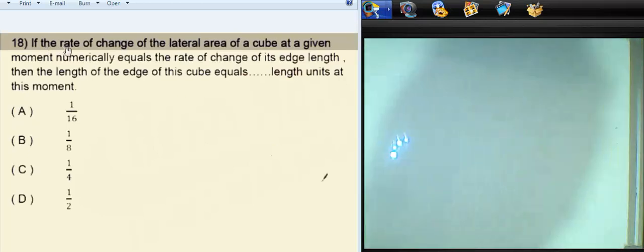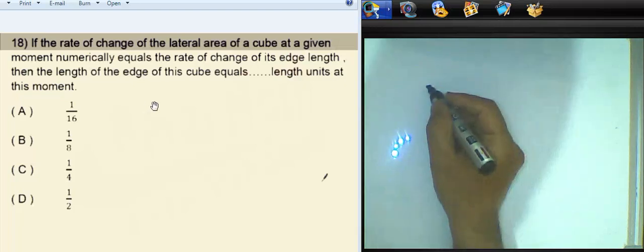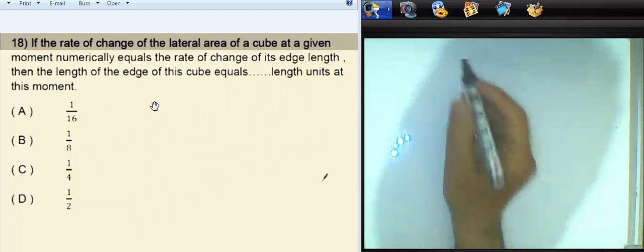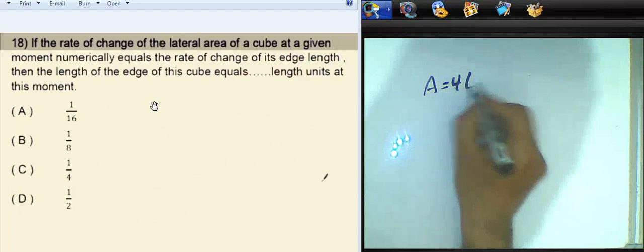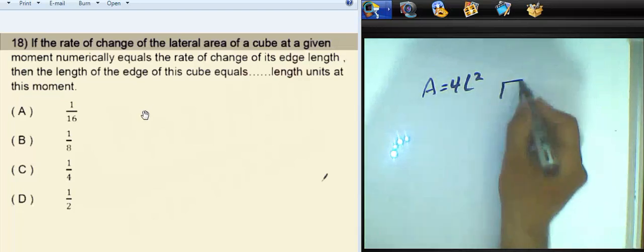Question 18. Evaluate the rate of change of the lateral area of a cube at a given moment, numerically equals the rate of change of each length, then the length of the edge of this cube equals what length unit at this point. He gives us the derivative, or the rate of change, of the lateral area of the cube. We know the lateral area of a cube equals 4L power 2.